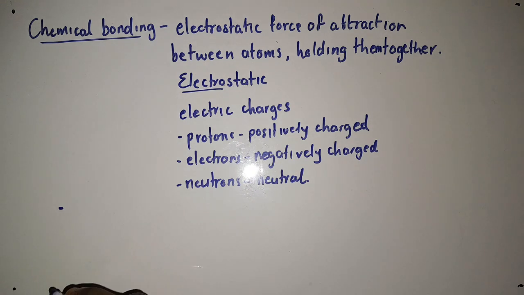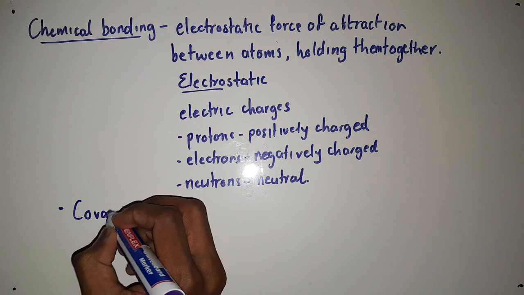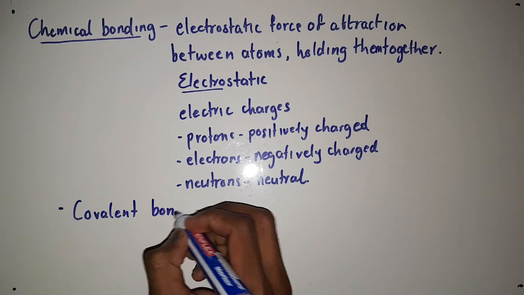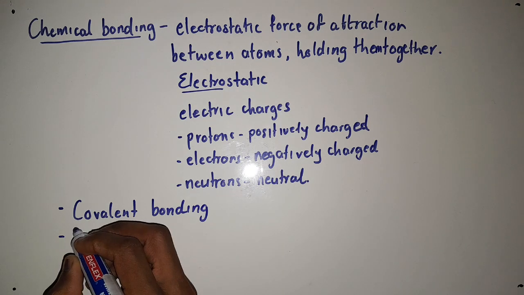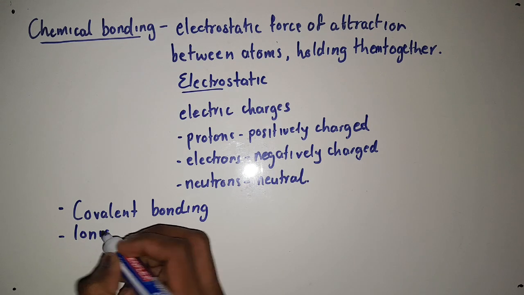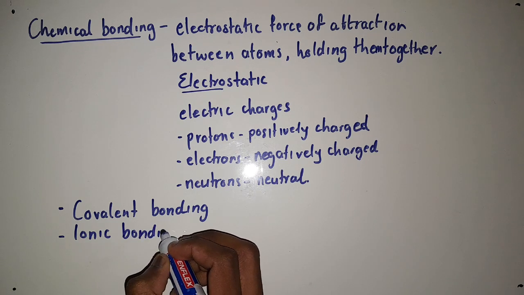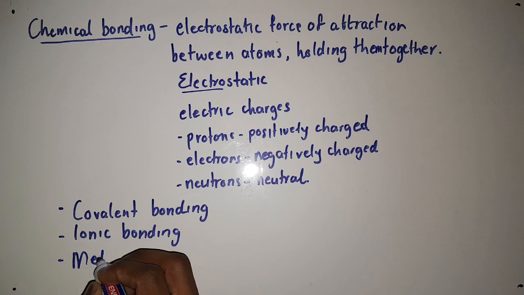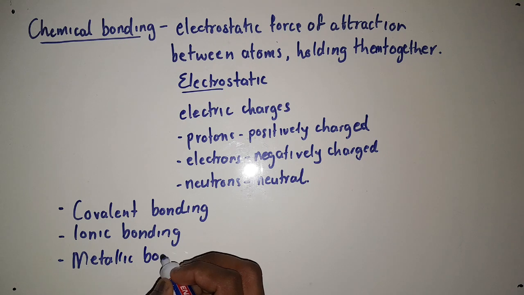We have covalent bonding, we also have ionic bonding, and thirdly, we have metallic bonding.